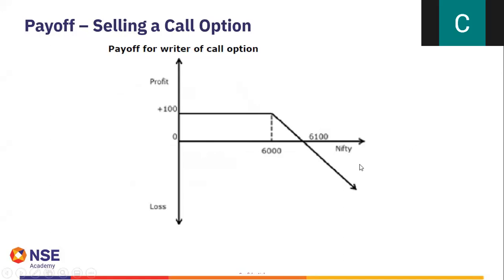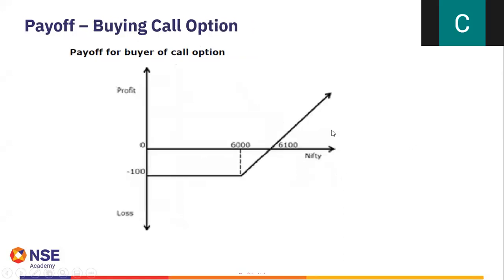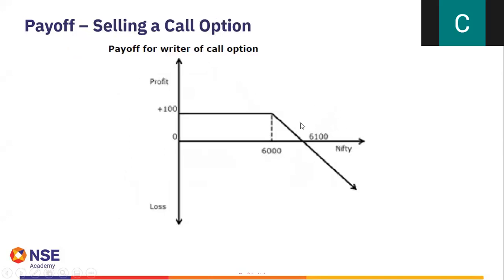But if the price increases, that will be his loss area. So his loss is unlimited because he doesn't have any control over the price. The price can go to any level and his loss also can go to any level. That is the buyer of a call option payoff and seller of a call option payoff.